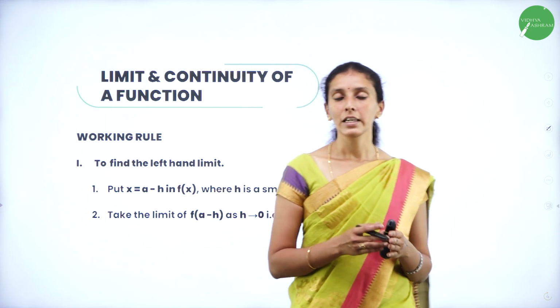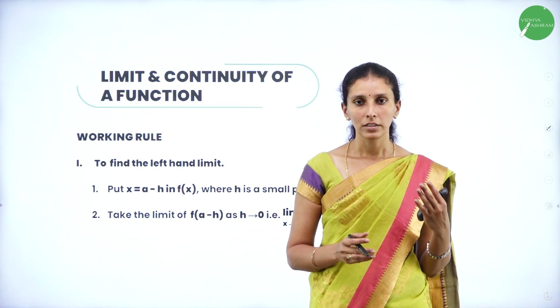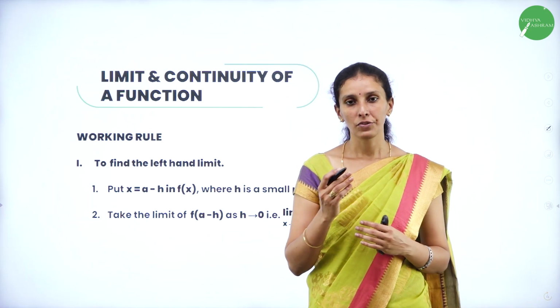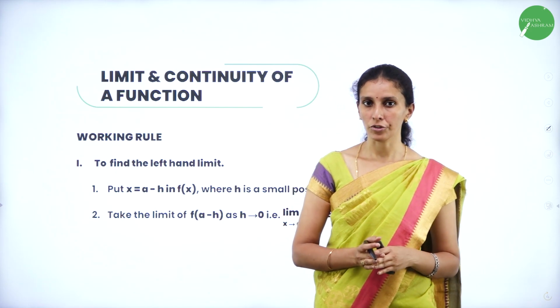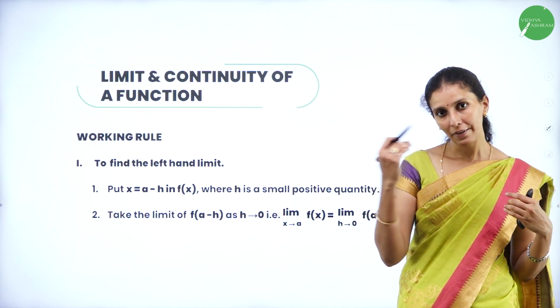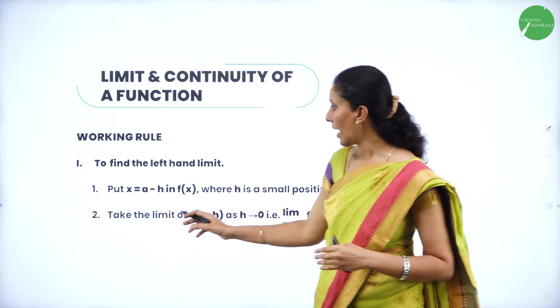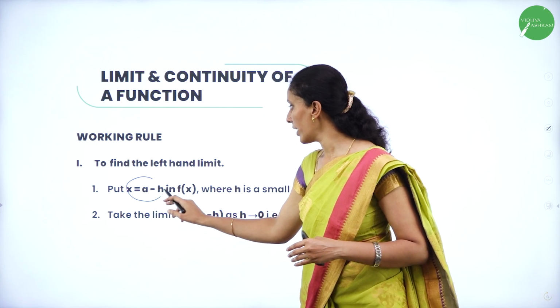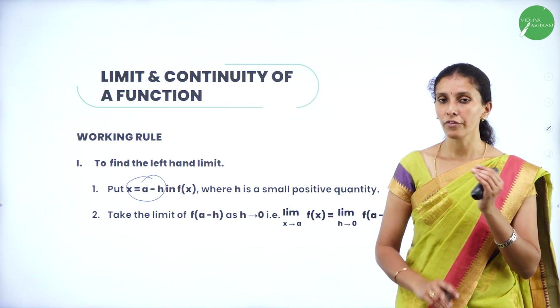Now, how do we find the limit, that is the left hand limit as well as the right hand limit of a function? First, to find the left hand limit, as we are approaching from the left side of point a, we have to take x is equal to a minus h in the place of x in f of x.